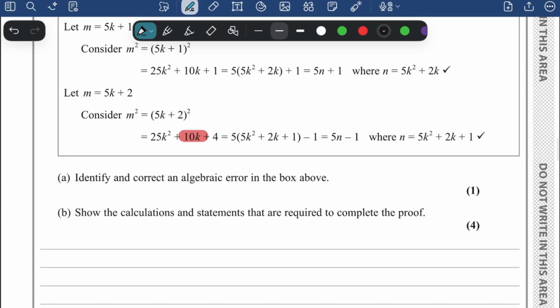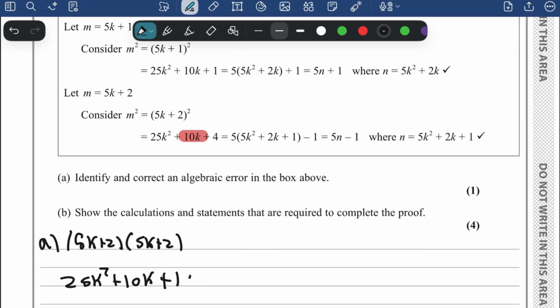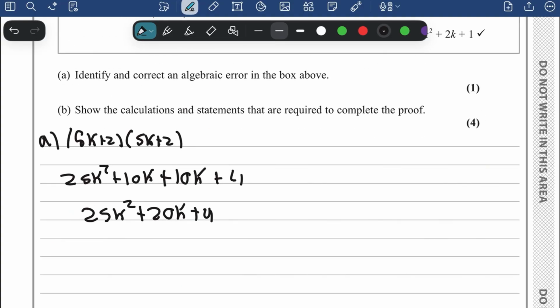So we have to correct it so I can just demonstrate here. 5k add 2 times by 5k add 2, we're going to get 25k squared, add 10k, and then add another 10k, which is the mistake they made, right? So then it should be 25k squared, add 20k, add 4. And part B, show the calculations and statements that are required to complete the proof, right?